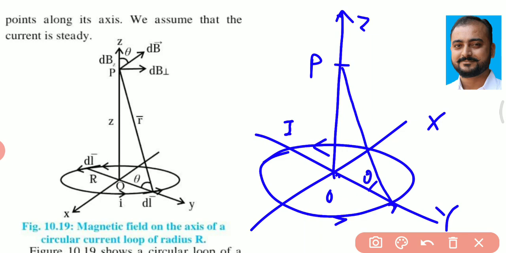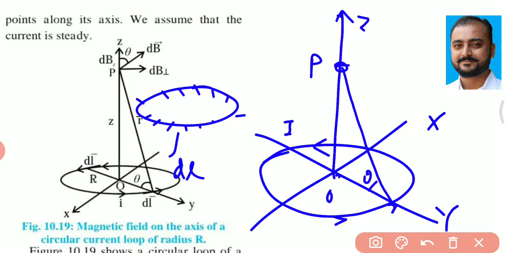Then now we have to apply the Biot-Savart law for obtaining the magnitude of the magnetic field produced at point P. And to find it, what we have to do? Simple, we have to divide this circular loop into small elements, each of length dl.